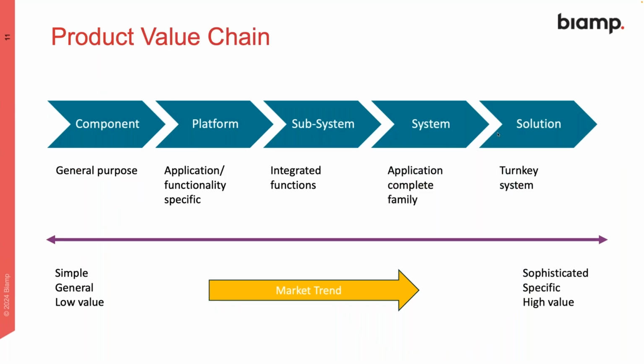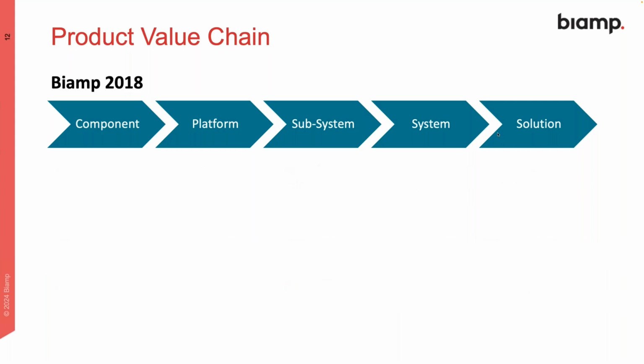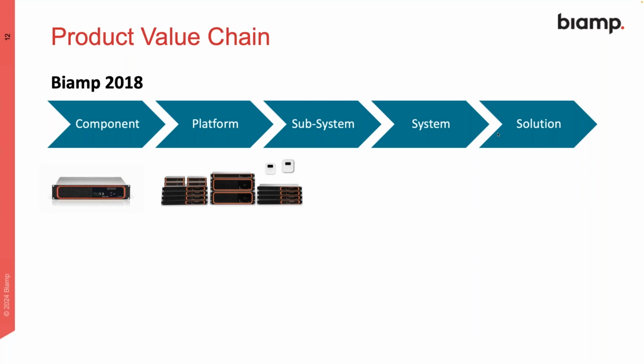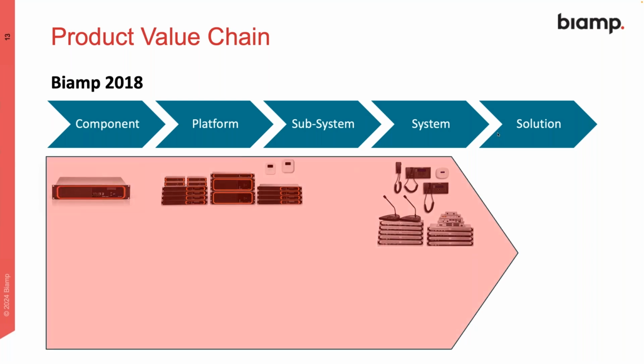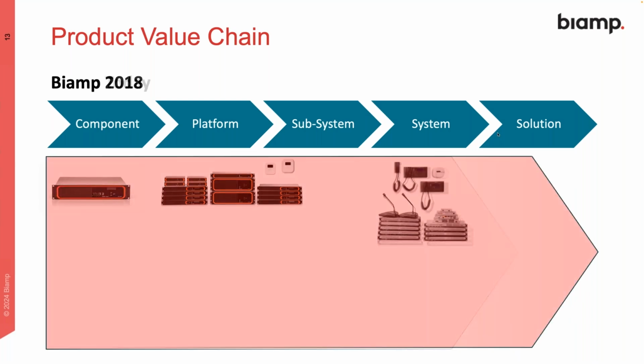If we look at the product value chain of Biamp, right? If we look at Biamp from when it was started back in 2018, Biamp introduced a number of different components, right? We introduced Tessera, a bunch of platform software. We introduced a paging system with our Vocia line. And over the years, the product catalog just began to grow.